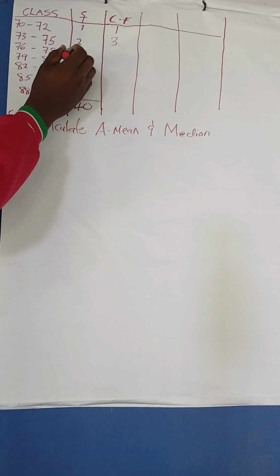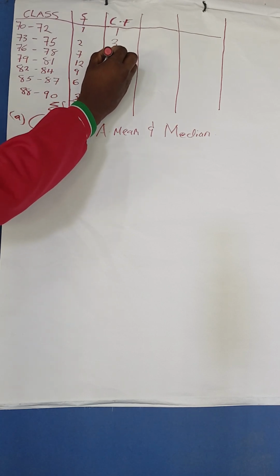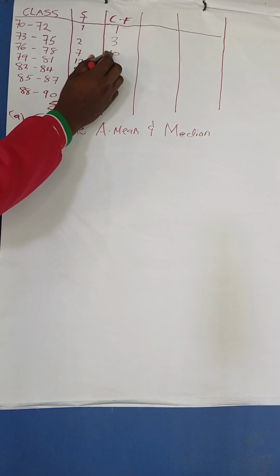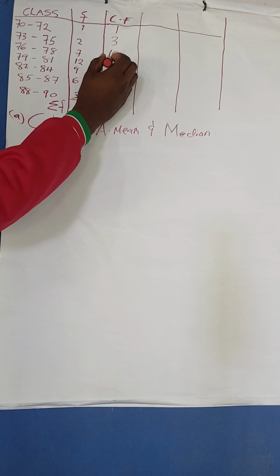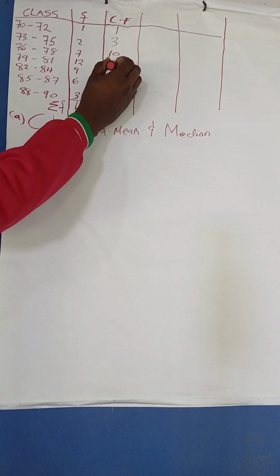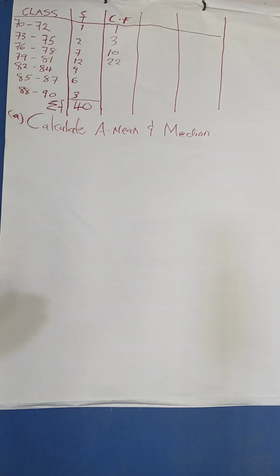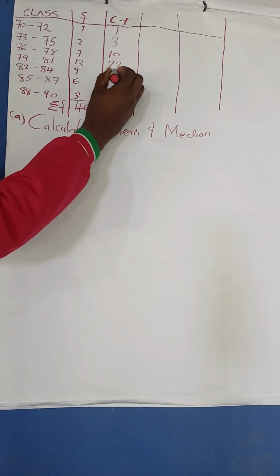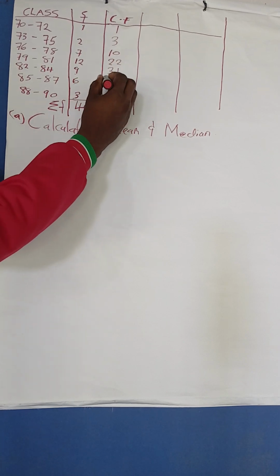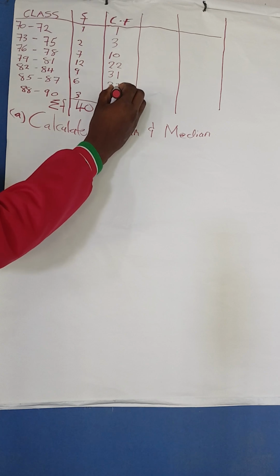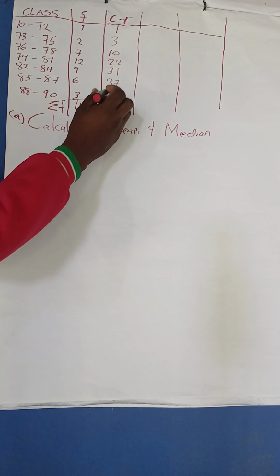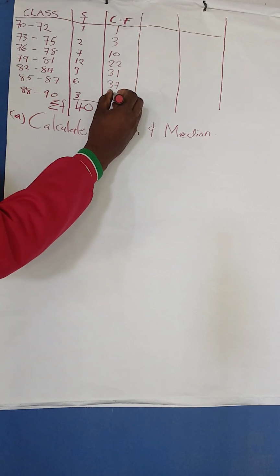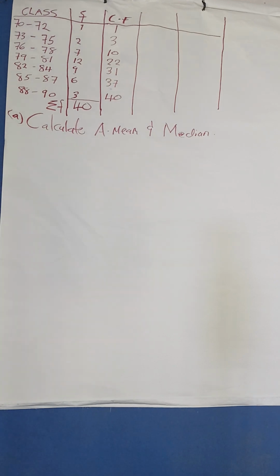Then 3 plus 7 is 10. 10 plus 12 is 22. 22 plus 9 is 31. 31 plus 6 is 37. 37 plus 3 is 40. Good. We have now seen how we get the cumulative frequency column.